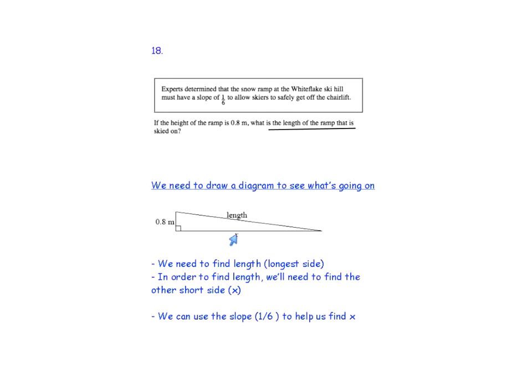And again, we're going to be dealing with slopes. This is the rise, this is the run. And we're going to somehow relate this rise and run to the fact that we're given a slope of 1/6. Then we'll be able to find this x, which is the short side of a right angle triangle. And then we can use length squared is equal to x squared plus 0.8 squared, and we'll be able to find what the length of this ramp is.